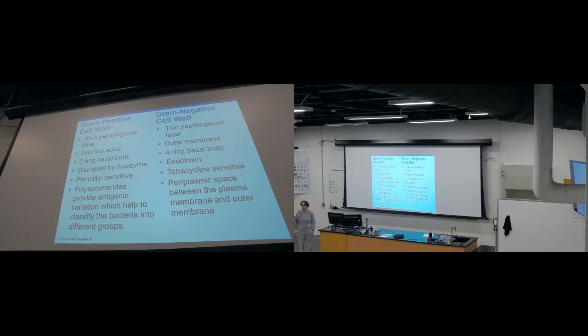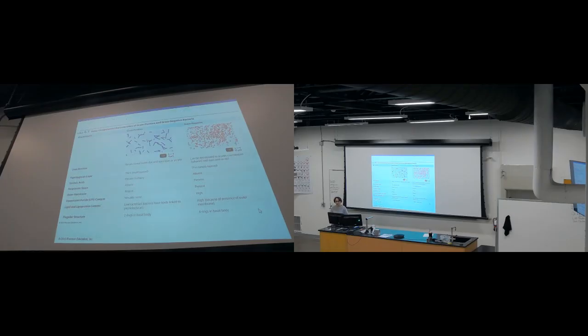Now, gram-negatives do not have teichoic acids, they have a thin peptidoglycan layer, and they have two plasma membranes. And they have lipopolysaccharide. So those are specific characteristics of each. And then we will continue now with the mode of transport.